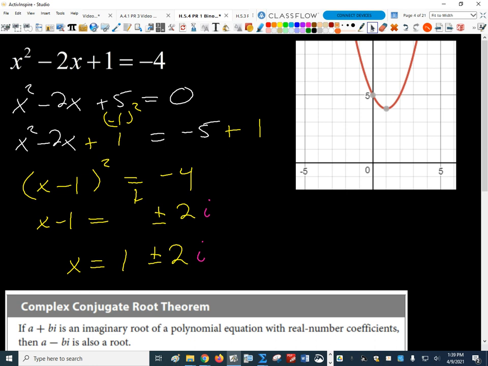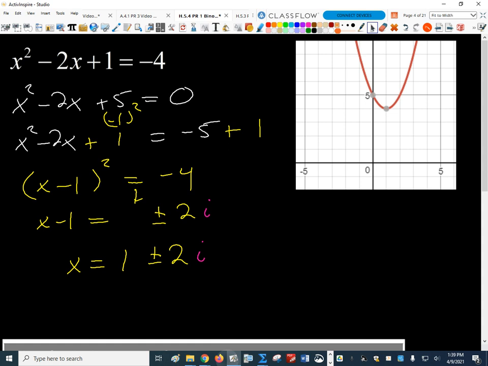Now, how would you describe those two answers? I get 2 zeros there: 1 plus 2i and 1 minus 2i. If I have the same two terms, but I'm separating them with opposite operations, one's plus and one's minus, what do we call those? Conjugates. And because they have i's in them, they're complex conjugates, right? Okay. Well, this is not an accident.